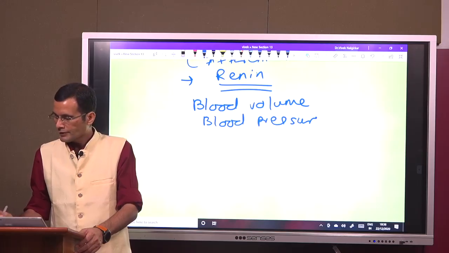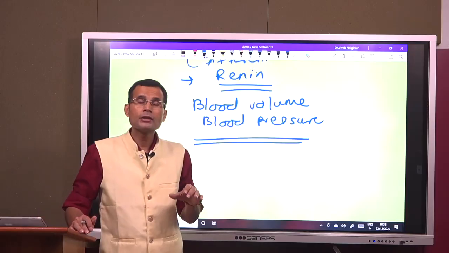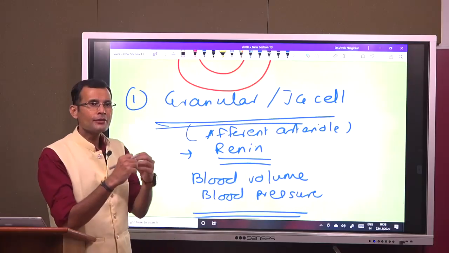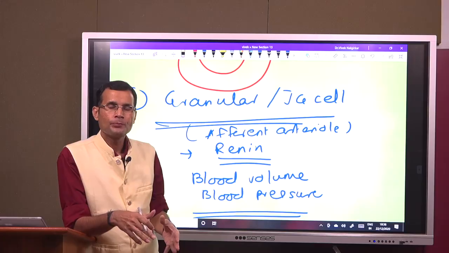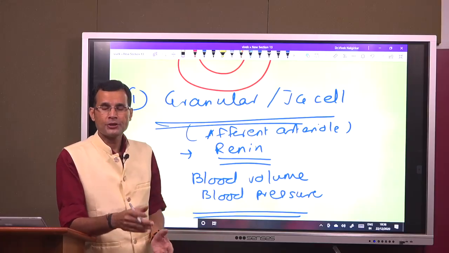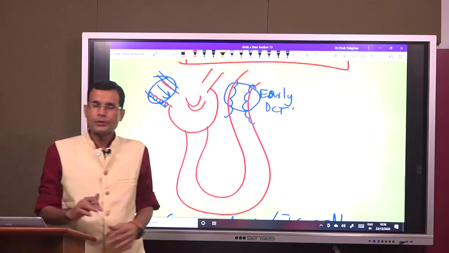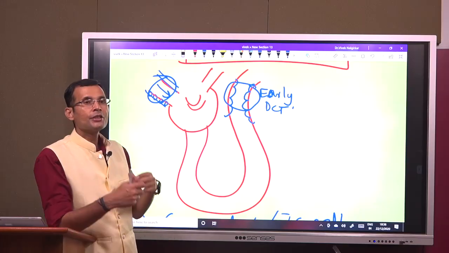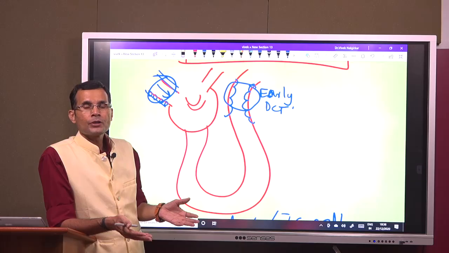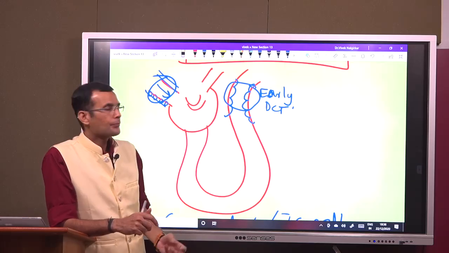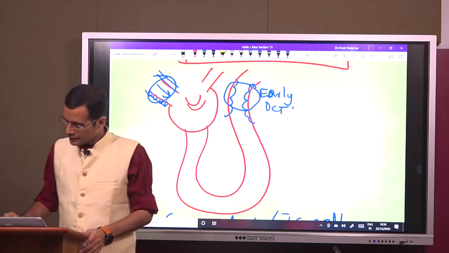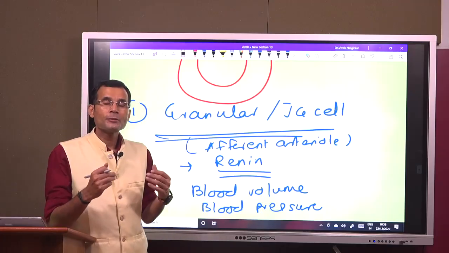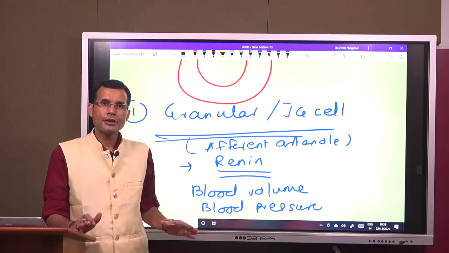We have done this in the CVS, so I'll just avoid the repetition. That if there is a decrease in blood volume and therefore there is a decrease in blood pressure, then there are volume sensors and baroreceptors present in the renal artery. They will sense it, and then these cells will release renin. There will be something called as PRA, plasma renin activity.